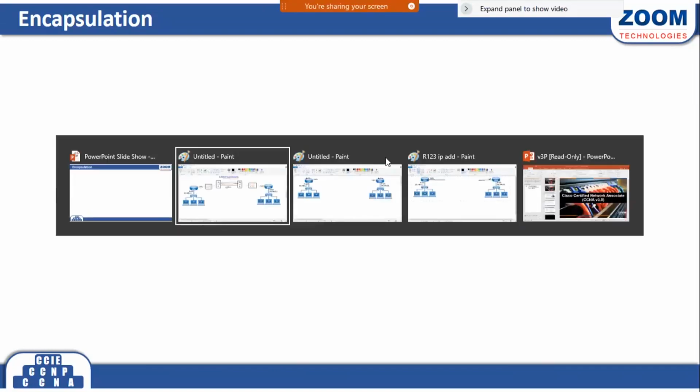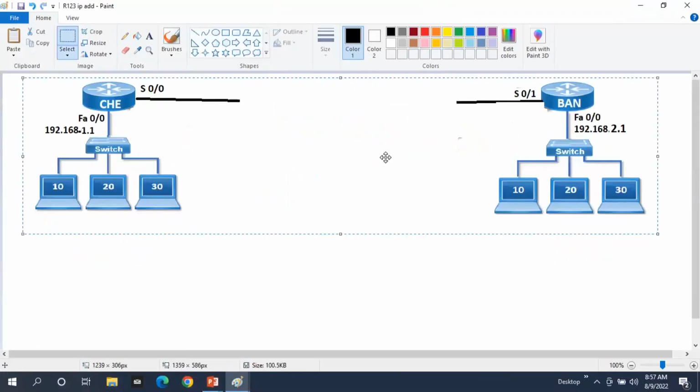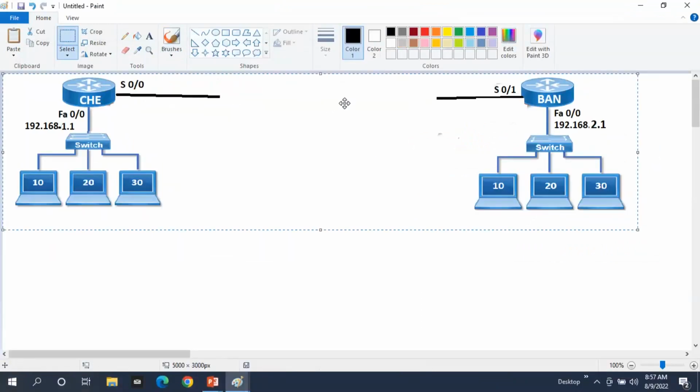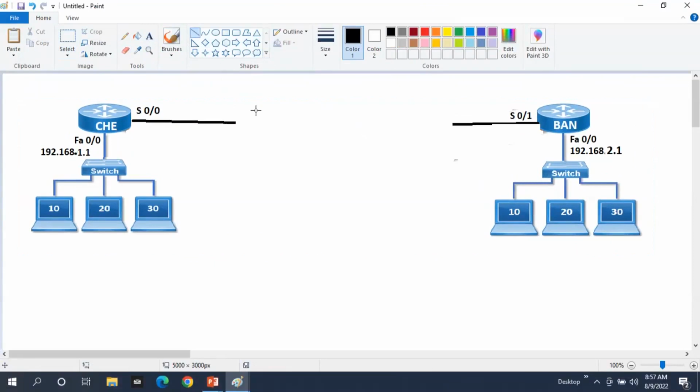Okay. Then the logical connection means IP address and protocol. The rule is, take this example of a back-to-back connection. The branch office one serial interface IP address and the branch office two serial interface IP address should both be in the same network, because both are back-to-back connected, right?